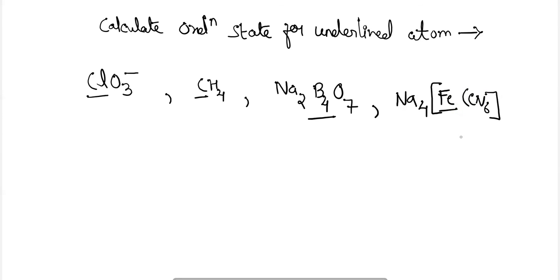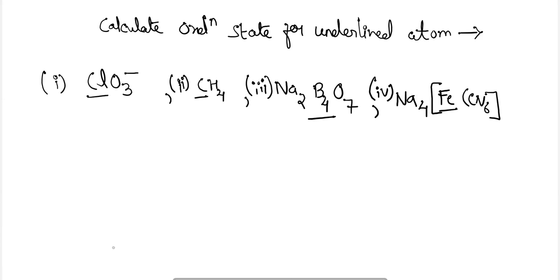Na4FeCN6, for iron calculate here. So here I have given you four more questions. You have to find out the oxidation state for the underlined atoms by using the method which I have demonstrated to you.